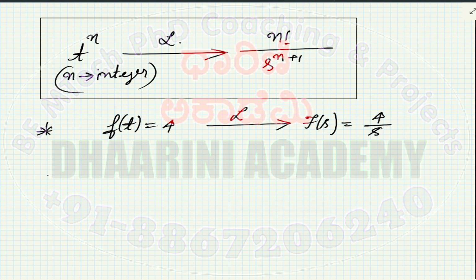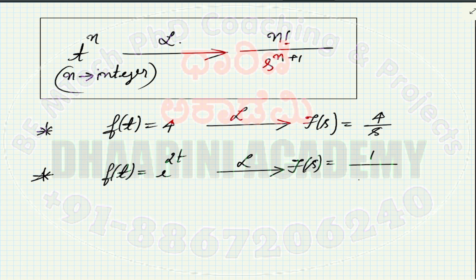Okay, let's go ahead. The next question is, say f of t is equal to e to the 2t. What happens to F of s? We know that e to the at is a by s minus a. So this is not a, sorry, 1 by s minus a. My mistake. So this is 1 divided by s minus 2.